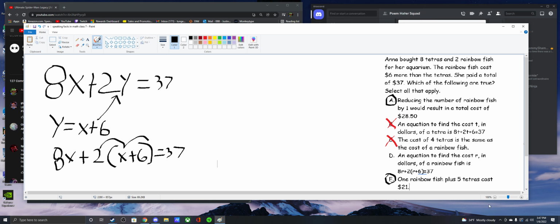The option says an equation to find the cost R in dollars of rainbow fish is 8R plus 2R, plus 2 parentheses R plus 6 equals 37. Now, in the context of this question, we're not buying 8 rainbow fish, even if it says 8R. We're only buying 2 rainbow fish. So let's just solve out the equation first. It's incredibly similar to the one I made, so we'll just write it with R instead.